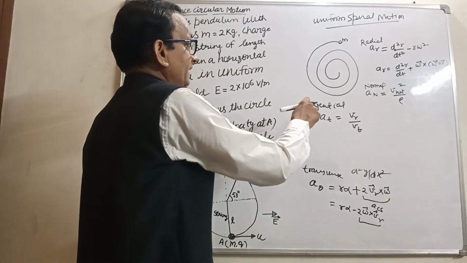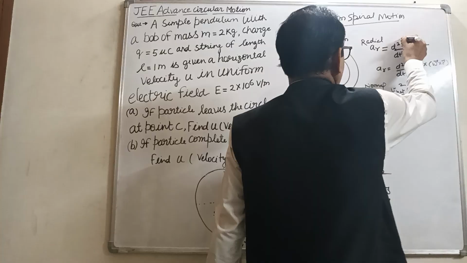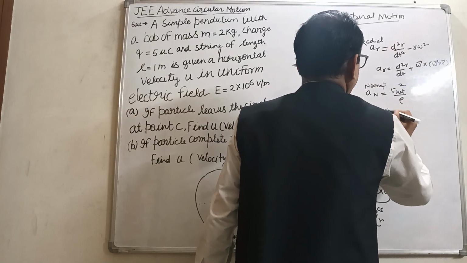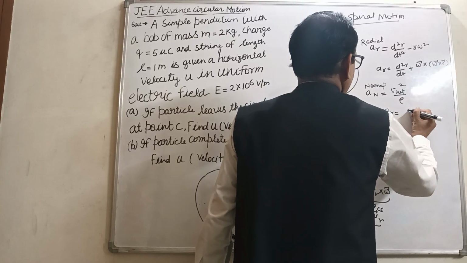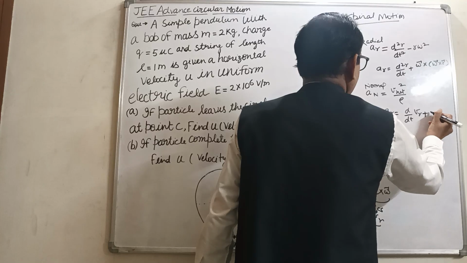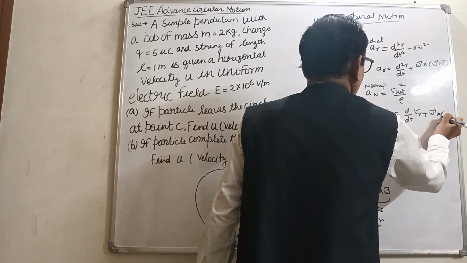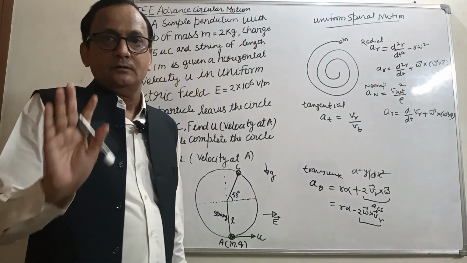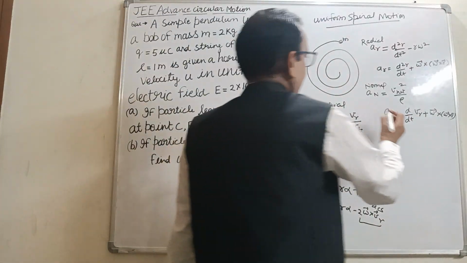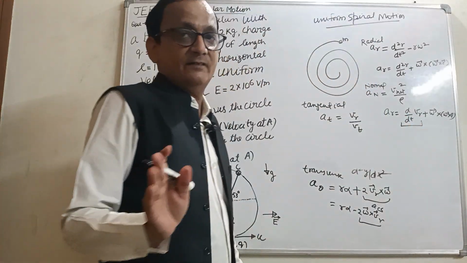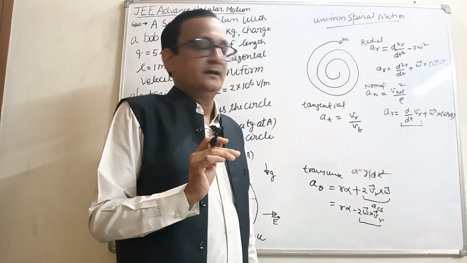So V_r, what is V_r? This term is V_r. So we can also write here a_r is equal to derivative of V_r plus omega vector cross r vector. Understand here, the term V_r is what? This is a derivative of radial velocity.